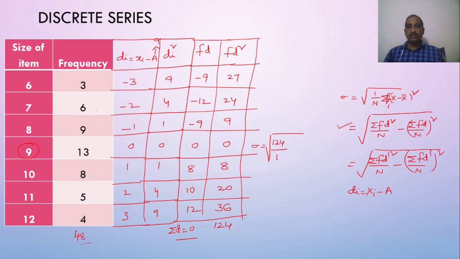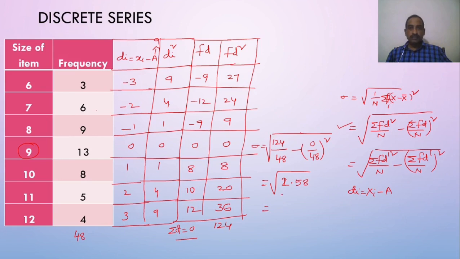So this is 48 minus summation fd value is 0. So 0 by 48, anything by 48 becomes 0. So we have to find the square root of 124 by 48. What is the value of 124 by 48? That is 124 divided by 48 equals 2.58, right?